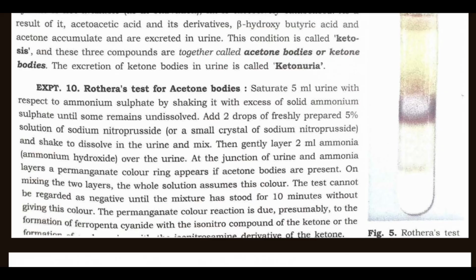Add 2 drops of freshly prepared 5% solution of sodium nitroprusside or a small crystal of sodium nitroprusside and shake to dissolve in the urine and mix. Then gently layer 2 ml ammonium hydroxide over the urine. At the junction of urine and ammonia layers a permanganate color ring appears.